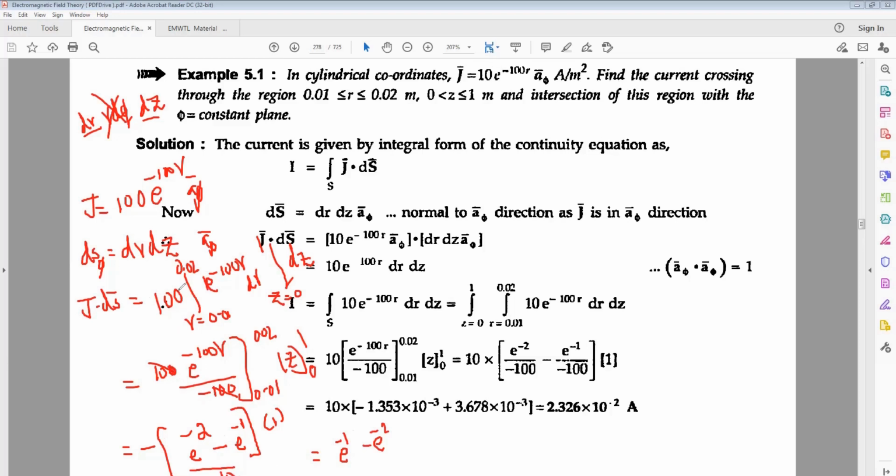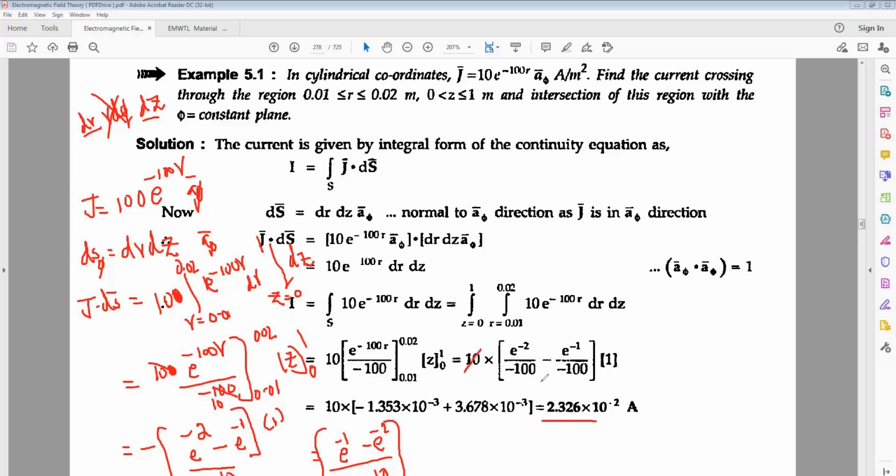It's only 10 by 10. Let's simplify this function: e power minus 1 minus e power minus 2, divided by 10, we get 2.32 into 10 power minus 2 amperes, because the current is equal to that.